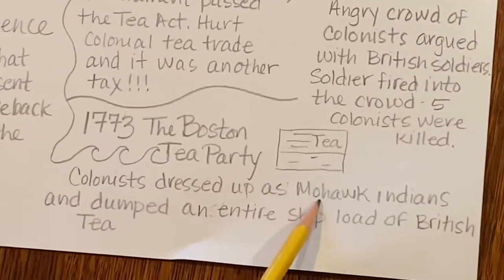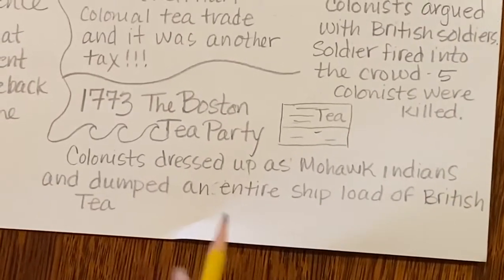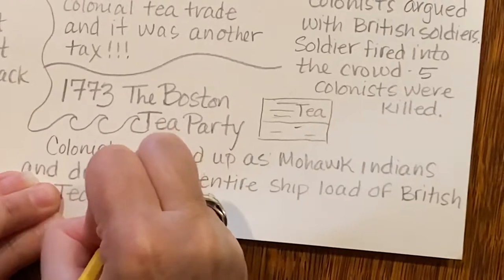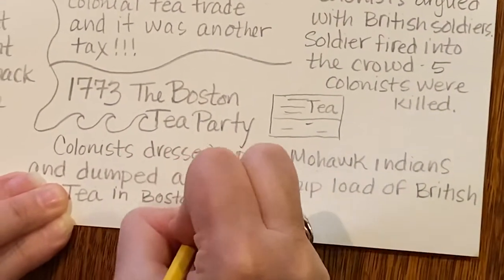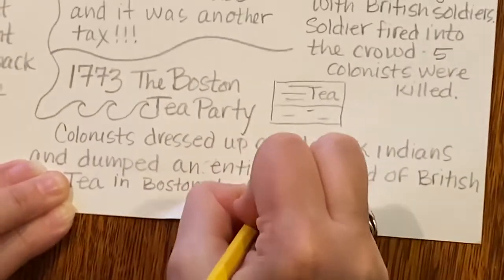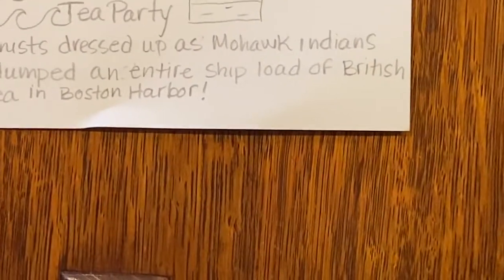Colonists dressed up as Mohawk Indians and dumped an entire shipload of British tea in Boston Harbor. And that's the last event that I'm putting on our infographic.